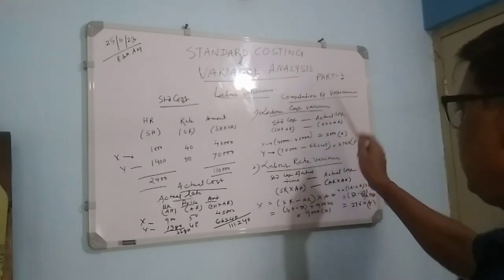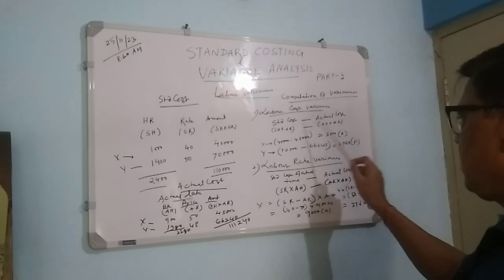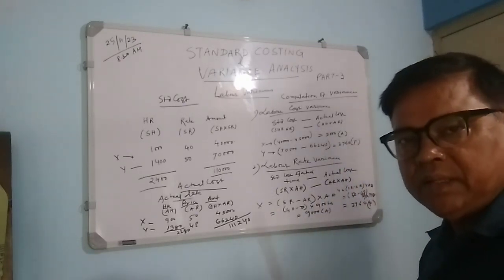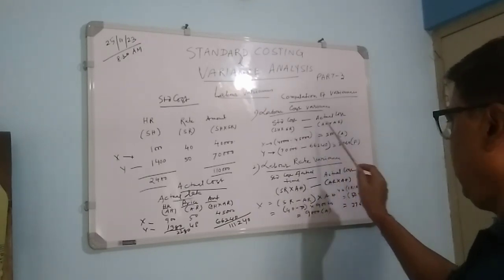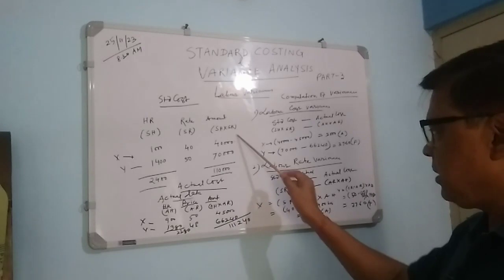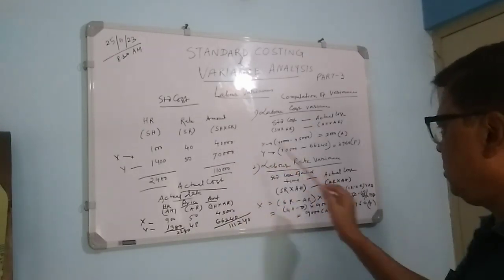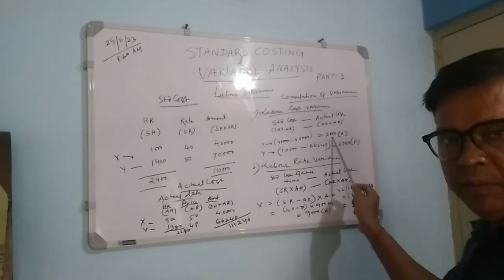First will be your labor cost variance. Labor cost variance is very simple: standard cost minus actual cost. That is the basic variance. Standard cost is standard hour into standard rate, and actual cost is actual hour into actual rate. For labor X, your standard cost is 40,000 and actual cost is 45,000, so the difference is 5,000.